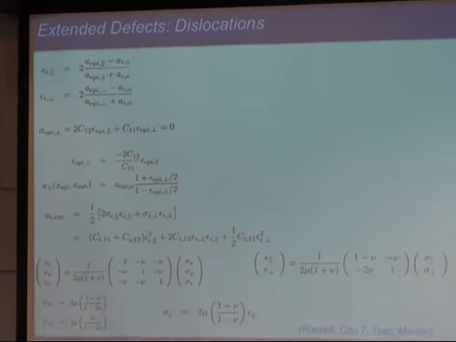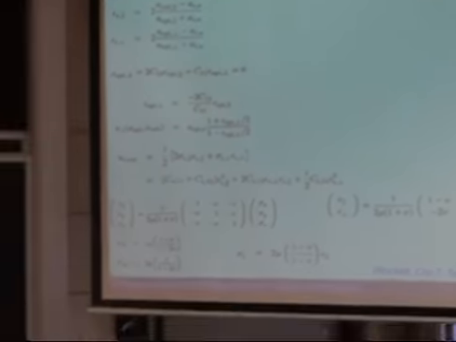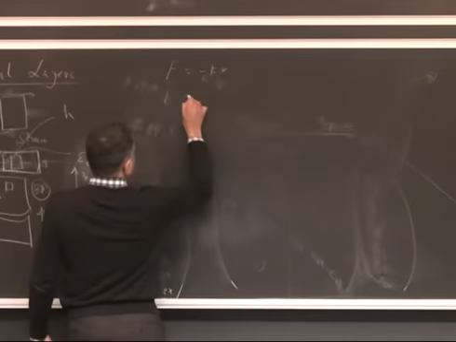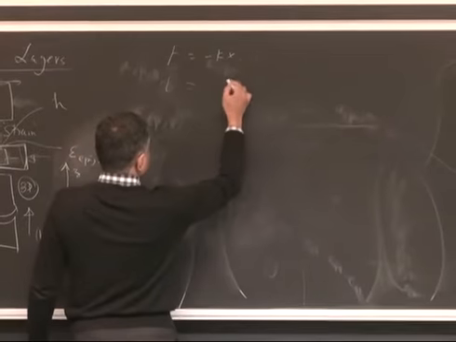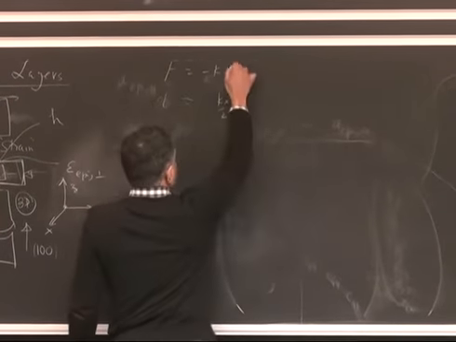This is something you probably have seen too. The energy cost of straining a whole solid, because the force we saw is minus kx, and energy is the integral of the force times dx, so that's kx squared by 2 for a spring, x being the displacement.